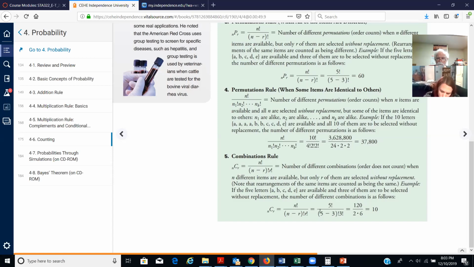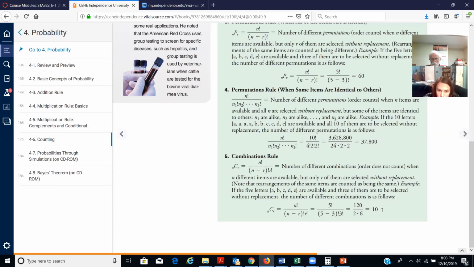So that becomes 2 factorial times 3 factorial, which is 2 times 1, and 3 factorial is 3 times 2 times 1, or 6. So we've got 120 over 12. So now we've gone from 60 permutations to only 10 combinations.